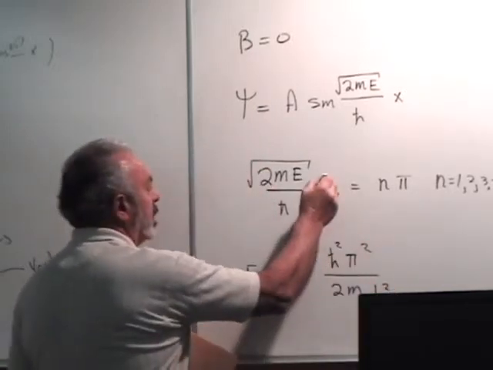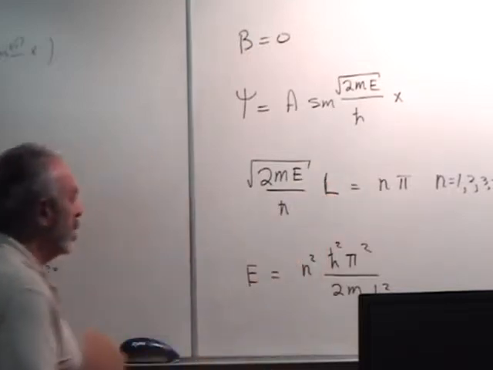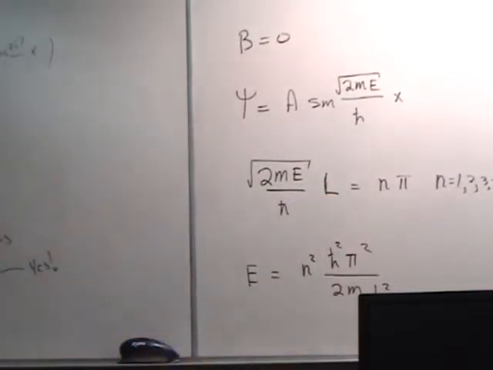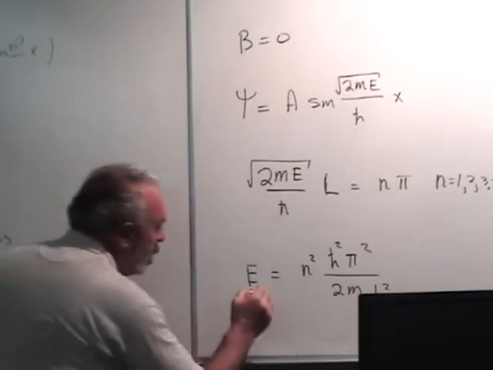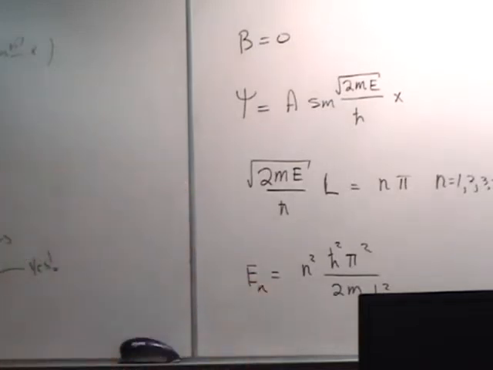See, I forgot L is right there. L has to be there. And what we have now, ladies and gentlemen, is, of course, the eigenvalues of E. So I put an E sub n there, and wait a minute. That's what we got before, isn't it?